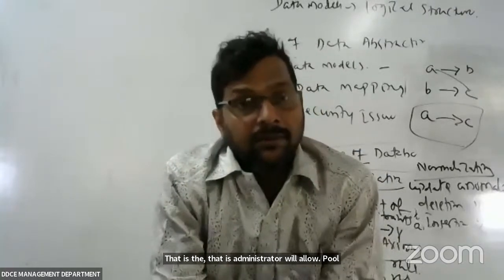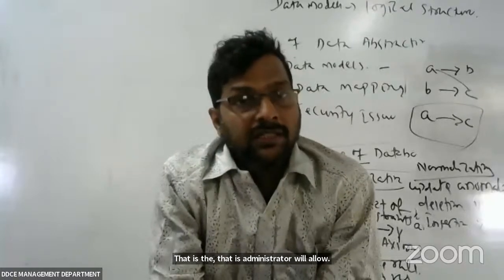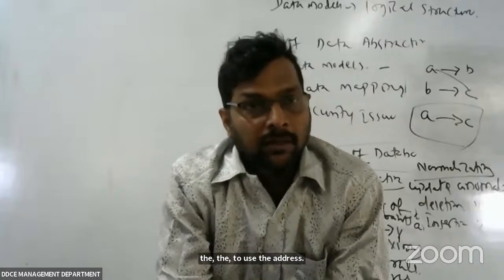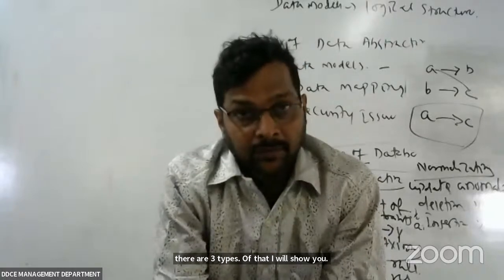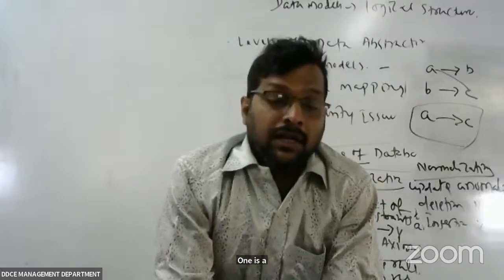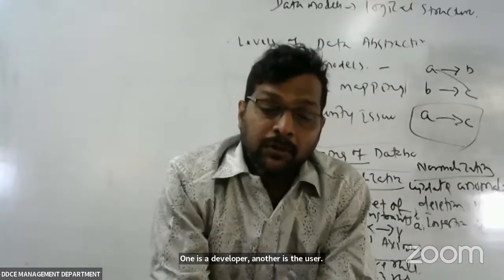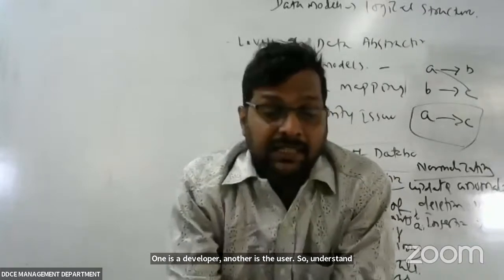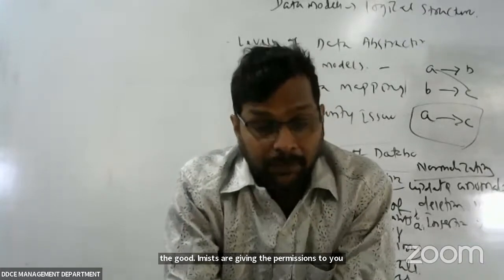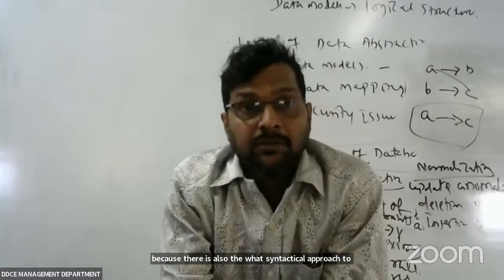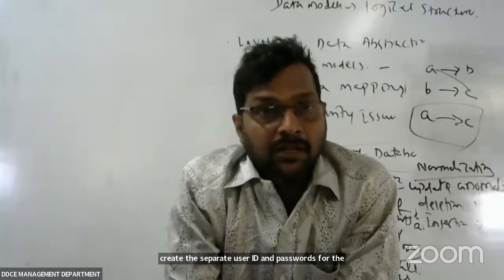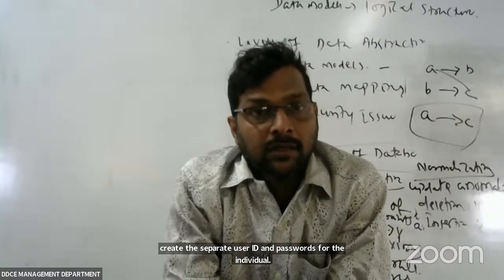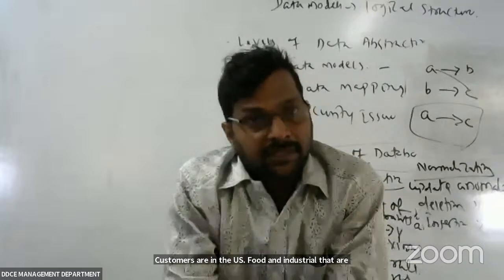I have already told you there are three types of database user: one is the administrator, one is the developer, another is the user. So the administrator will give the permissions to you, because there is also a syntactical approach to create separate user IDs and passwords for individual customers or users, like students having a user ID and password. That is done by the database administrator.